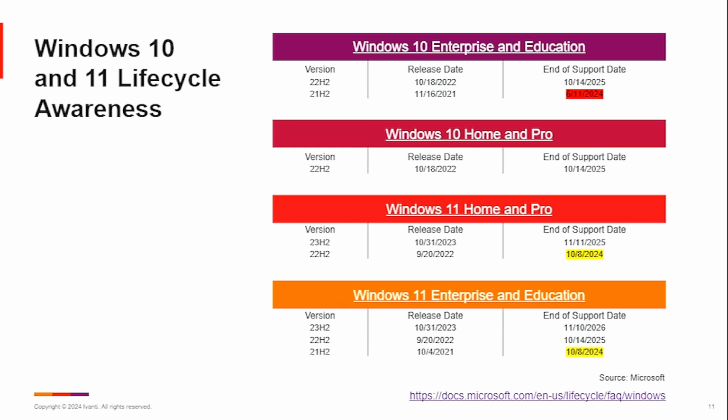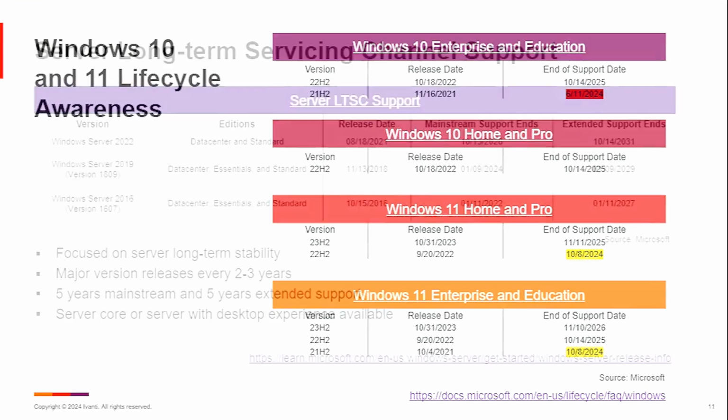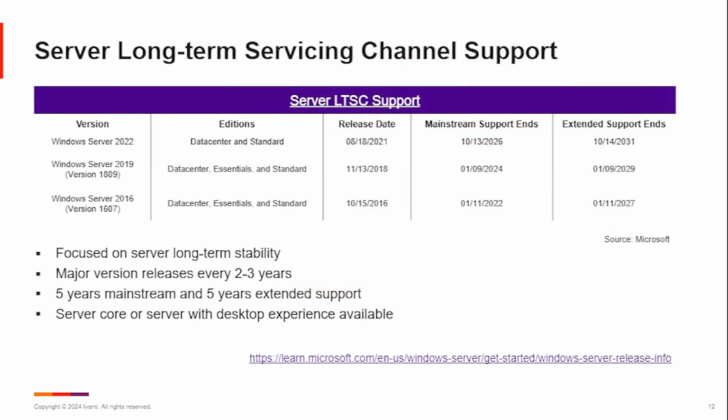So it seems like a ways off yet, but summer's going to go quick, and that date will be upon us faster than most people are expecting. So just make sure you're taking a look now for how many you've got and making sure to plan accordingly to make sure those are rolled forward. No upcoming immediate events on the long-term service channel support.